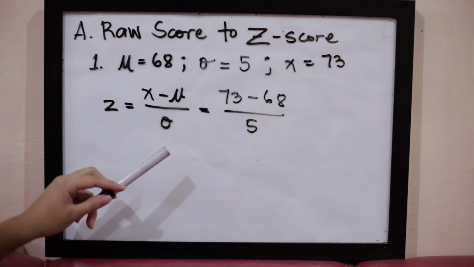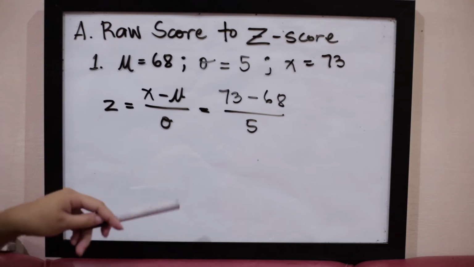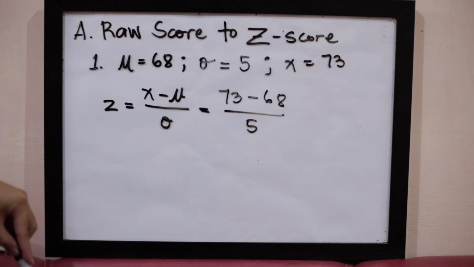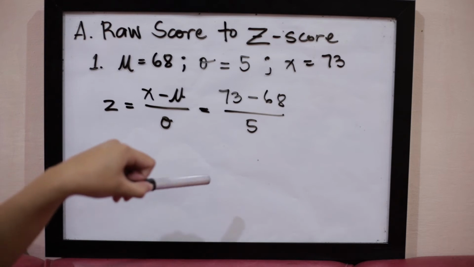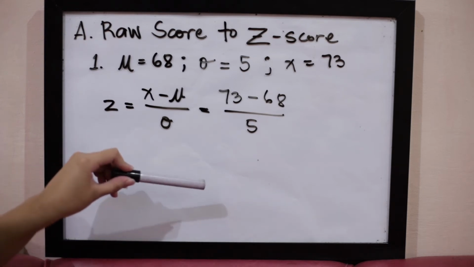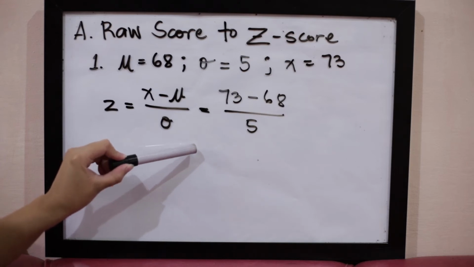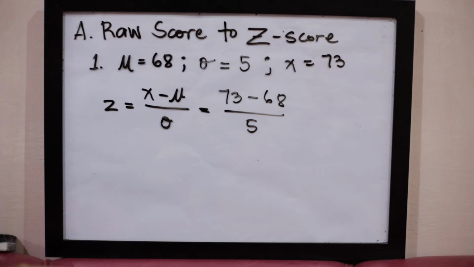If your calculator has the same screen as mine, a 4-liner, all you have to do is input the numerical values in the same way that I write them here on the board. How I wrote it here, that is also how you type it in the calculator.